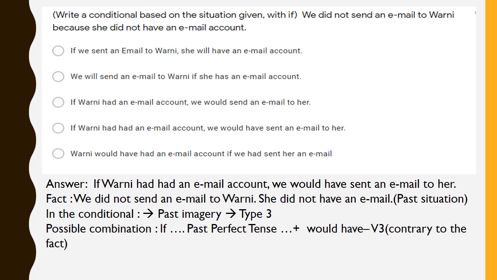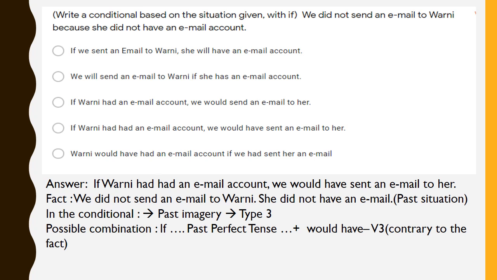Question: Write a conditional based on the situation given with if. We did not send an email to Warni because she did not have an email account. Answer: If Warni had had an email account, we would have sent an email to her. The fact is, we did not send an email to Warni.